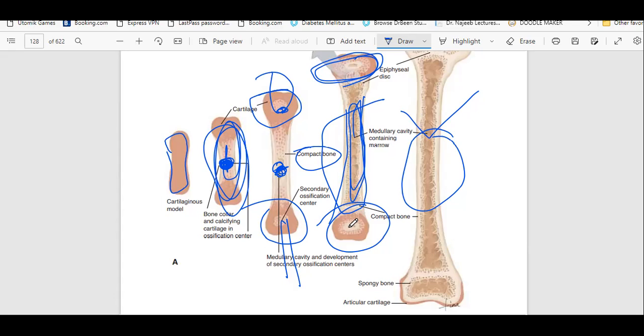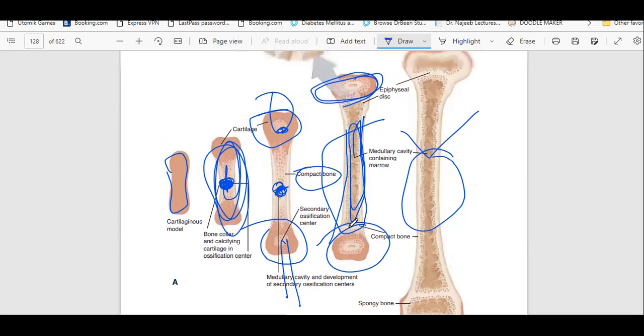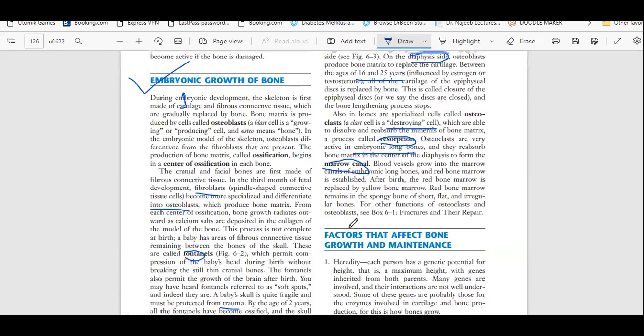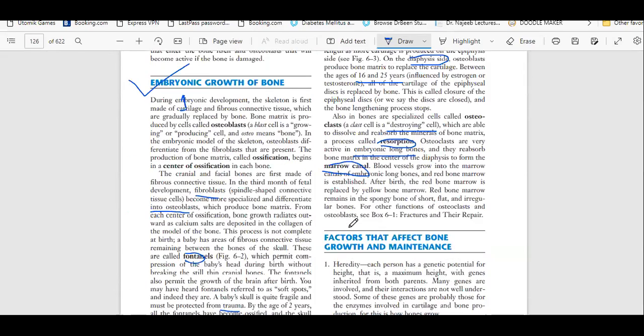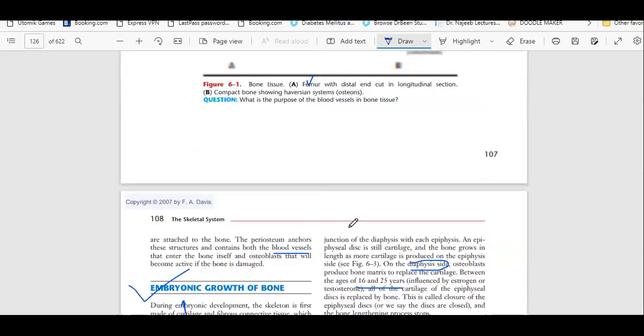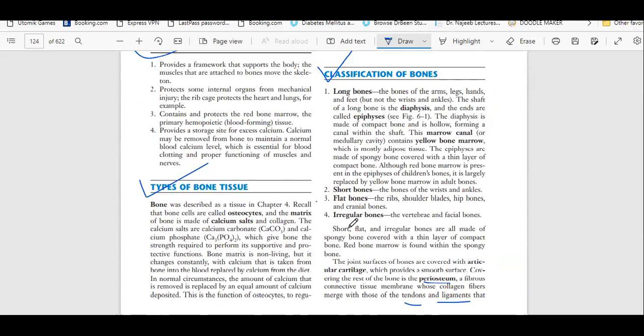Gradually, the bone will reach adult age, then ossification stops, and osteoclasts and osteoblasts are there. Osteoclasts have the function to remove the destroyed area of the bone. So this is the summary of the development of the bone. Okay, so we can conclude here.